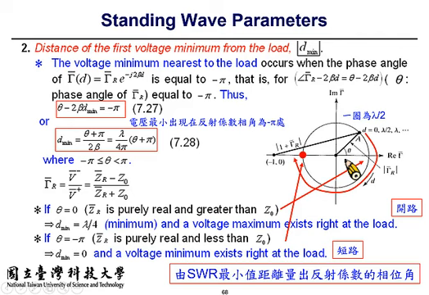The purpose is to find out the phase, the angle of the reflection coefficient, so that using the knowledge about the magnitude and the phase of the reflection coefficient, we can completely characterize the reflection coefficient as well as the load impedance of your termination.